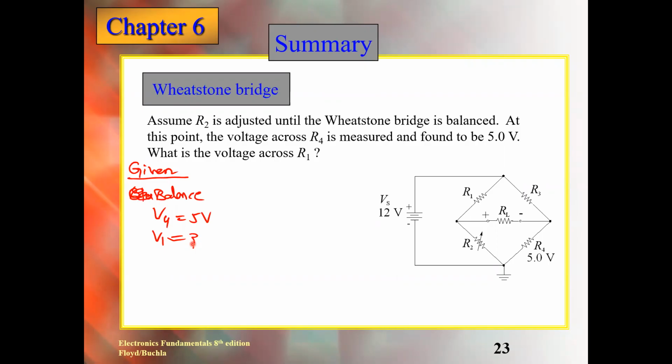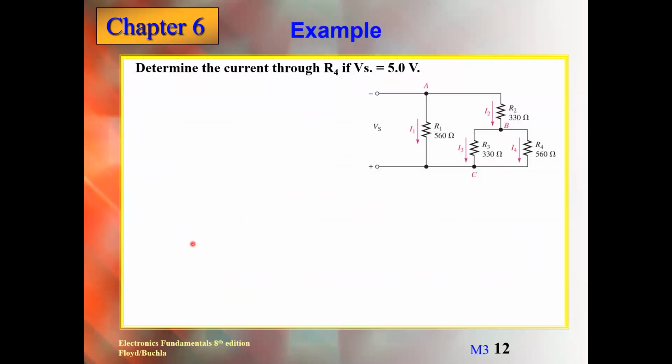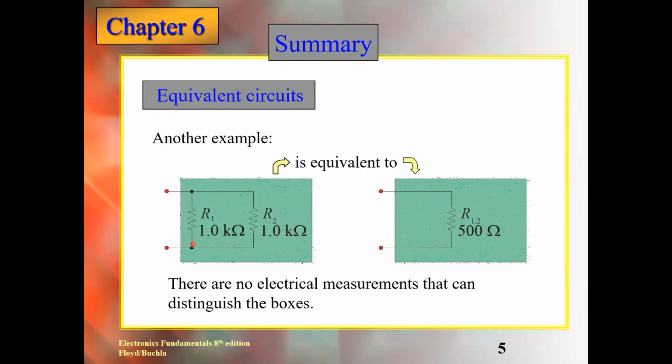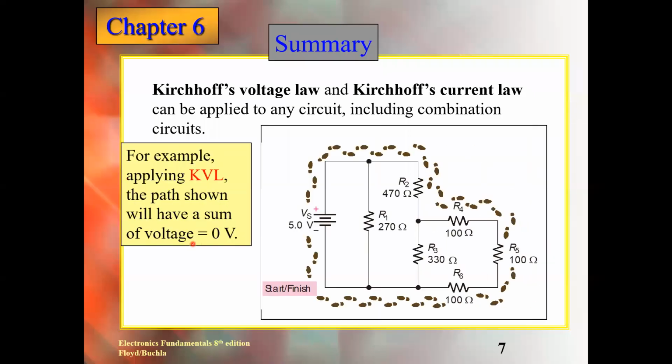So I told you that you can apply KVL to any closed path. Do you remember? When you come for the lecture, you should revise the previous lectures. Here is what I just said, Kirchhoff's voltage law.